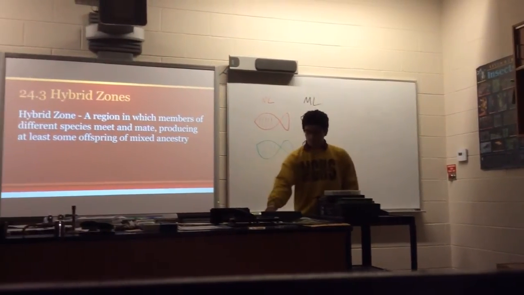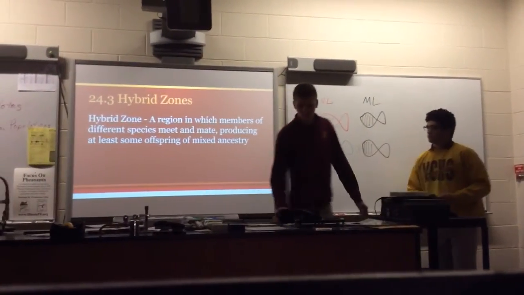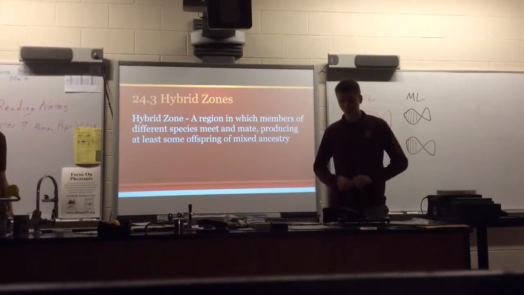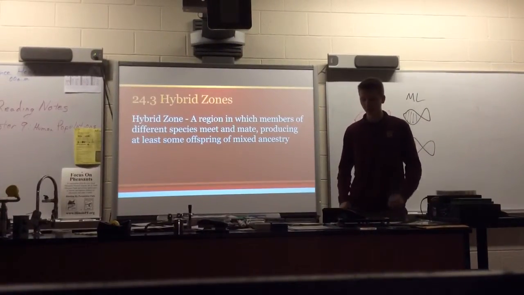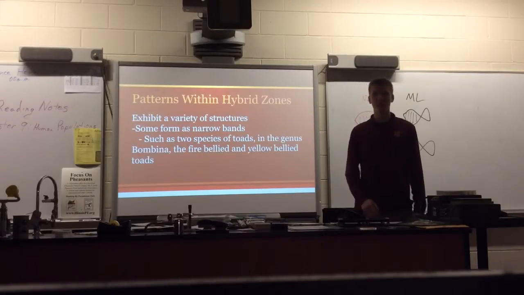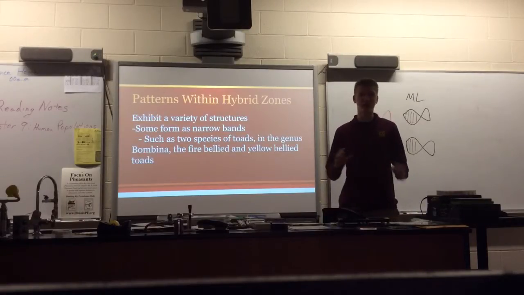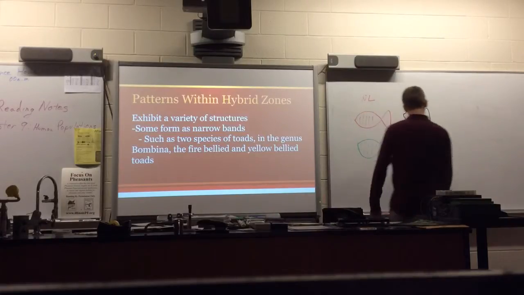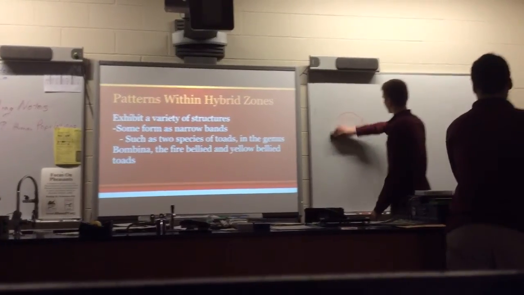Hybrid zones. A hybrid zone is a region in which members of different species meet and mate, producing at least some offspring of mixed ancestry. And these hybrid zones exhibit a variety of structures, such as a narrow band, which I'm going to draw this way.